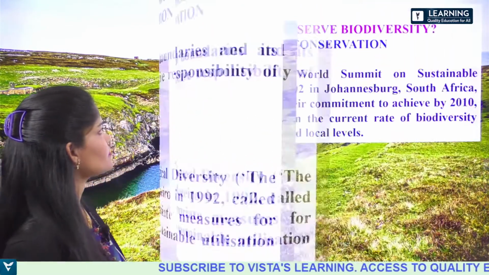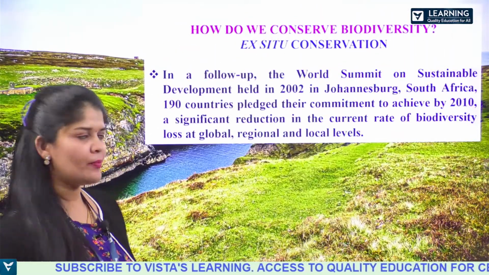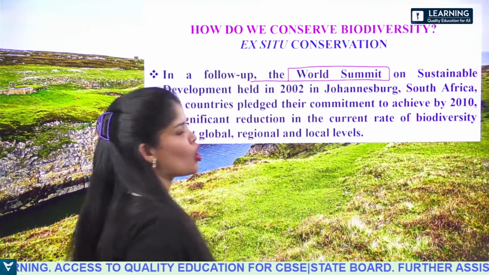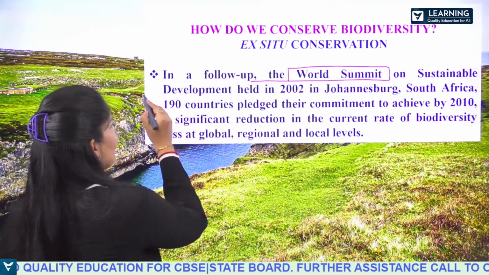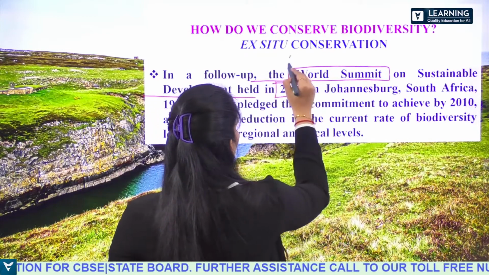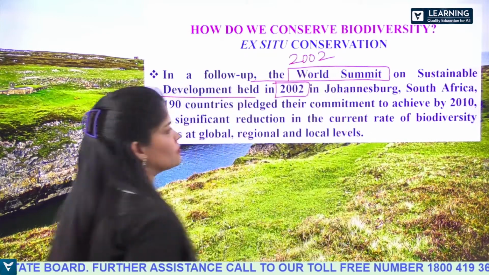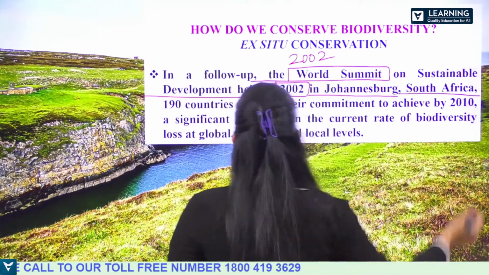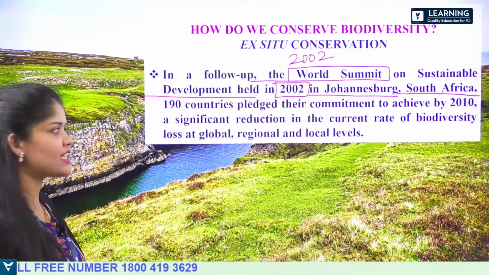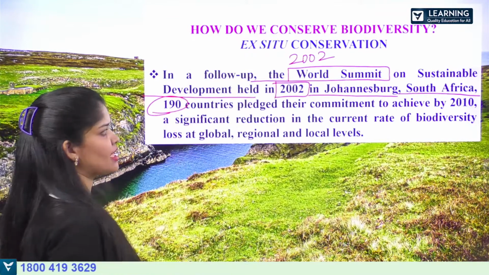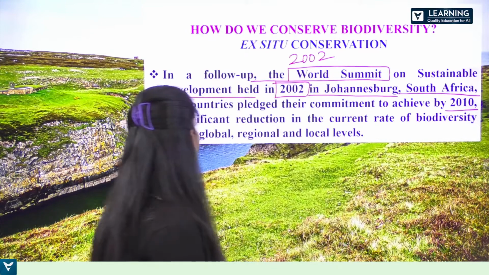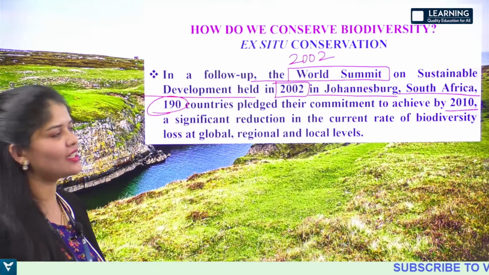Now, in a follow-up, the World Summit on Sustainable Development held in 2002 in Johannesburg, South Africa, 190 countries pledged their commitment to achieve by 2010 a significant reduction in the current rate.